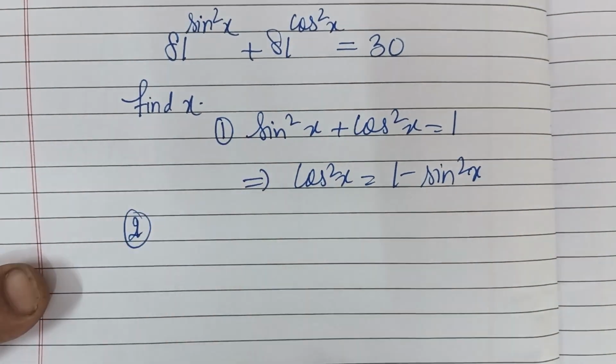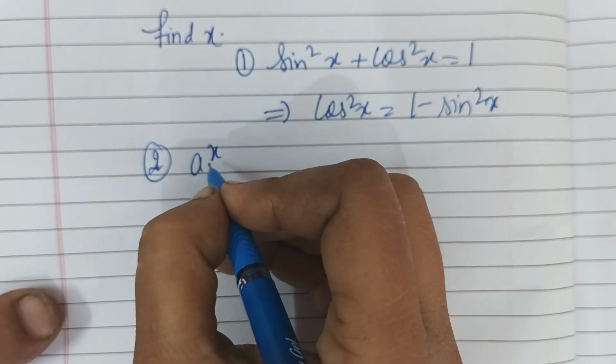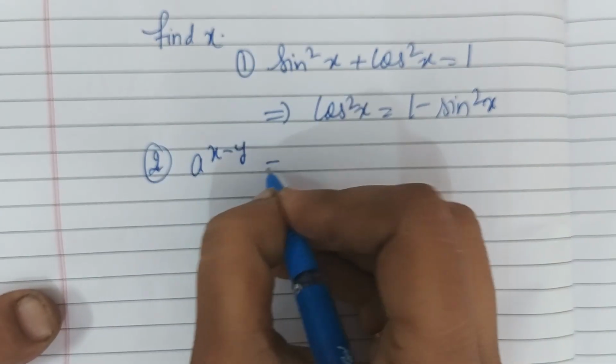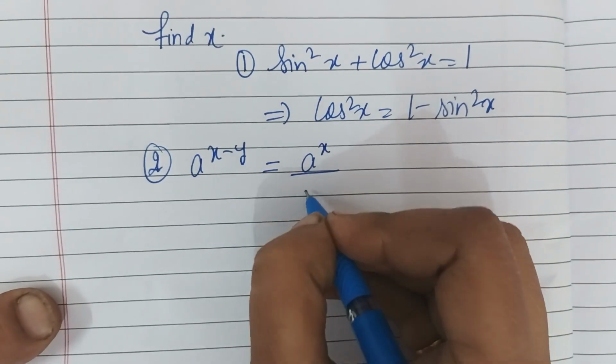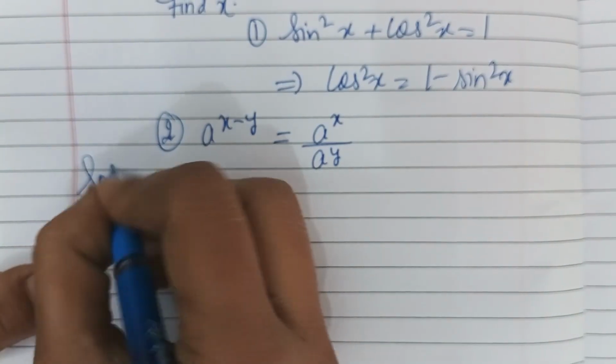And the second one is a raised to power x minus y equals a raised to power x over a raised to power y. Okay, so let's start with the solution.